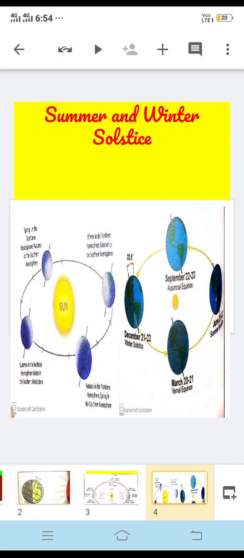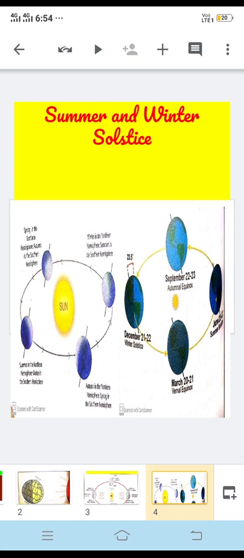Okay, so these are very important results of what we call rotation and revolution of the earth. These are the motions of the earth, and they make the changes in the seasons, as it depends on the sun rays.